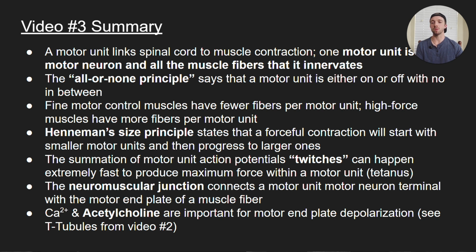It states that a forceful contraction will start with smaller motor units and then progress to larger ones. The summation of the motor unit action potentials, or twitches, can happen super fast to produce maximum force within a motor unit, or fused tetanus, this sustained contraction. The neuromuscular junction is the end of our motor neuron, the synaptic cleft between the motor neuron and the muscle fiber, and the motor end plate of that muscle fiber's sarcolemma. Calcium and acetylcholine are two really important parts of this process.